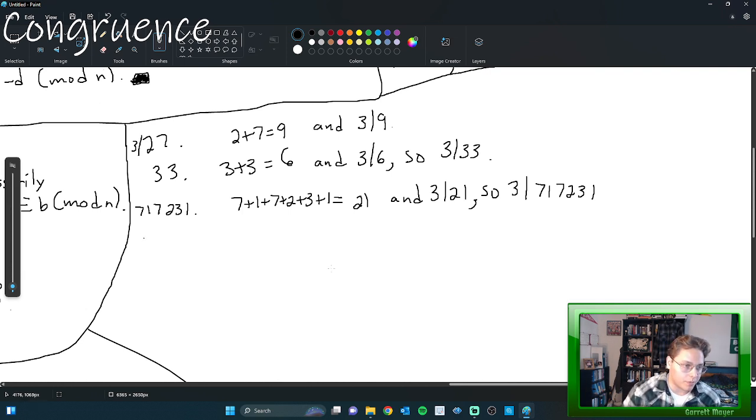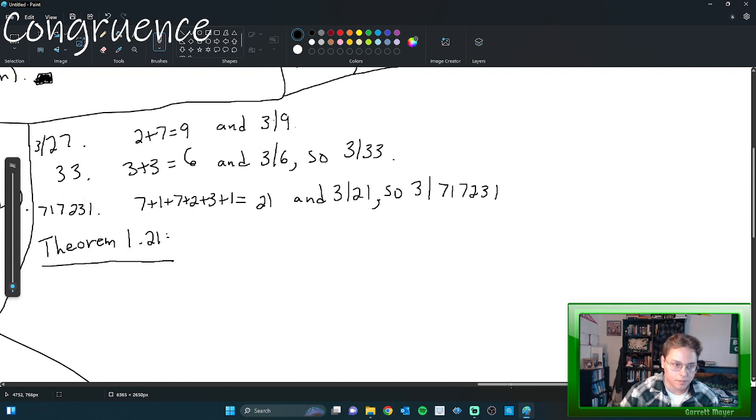So our theorem is going to be written out in words. And this is theorem 1.21. So the theorem is this. A natural number that is expressed in base 10 is divisible by 3 if and only if the sum of its digits is divisible by 3. Base 10 is just the numbering system we use.